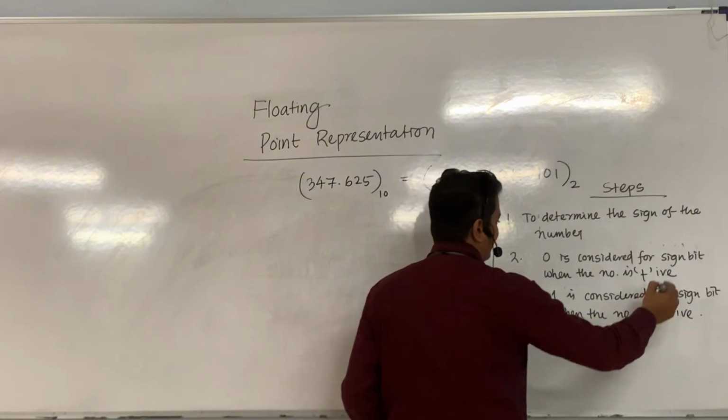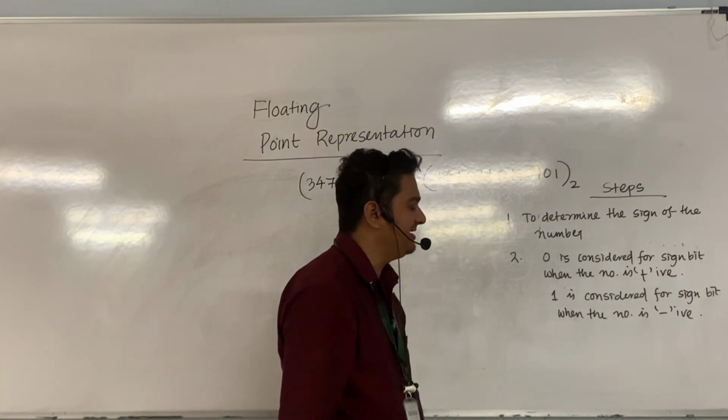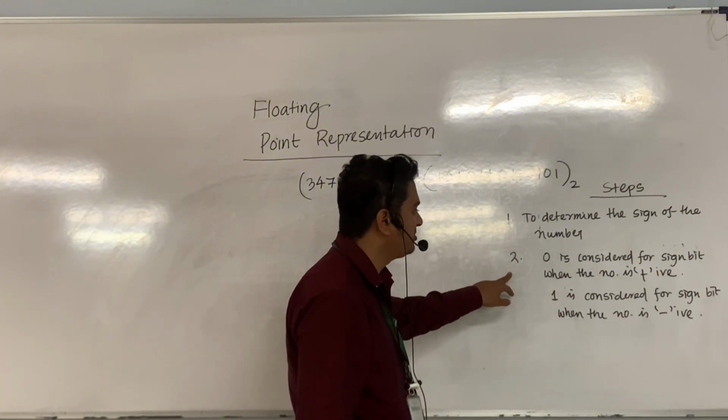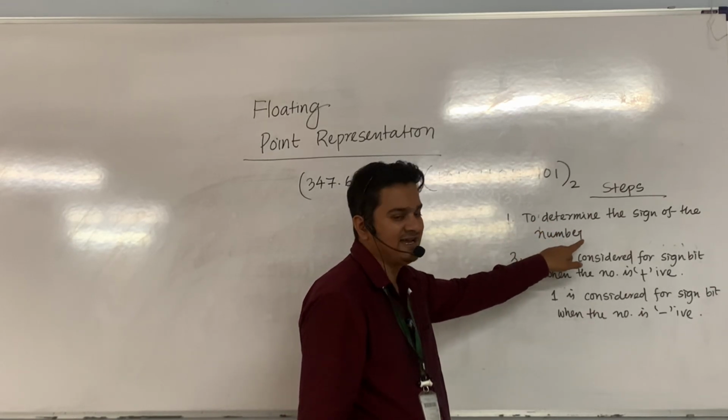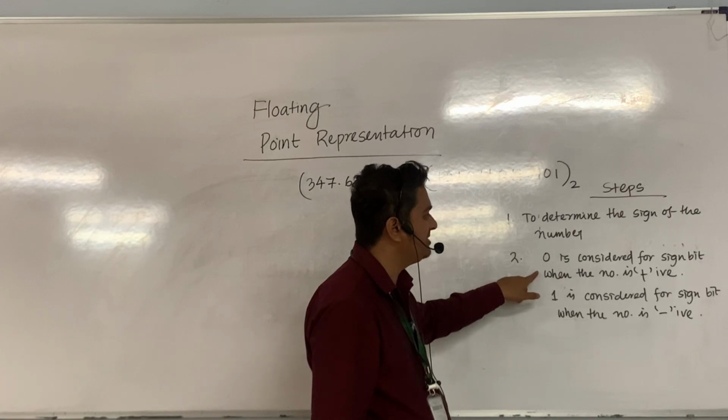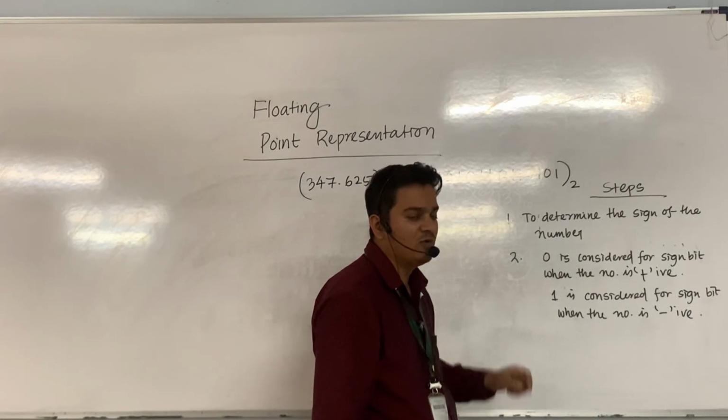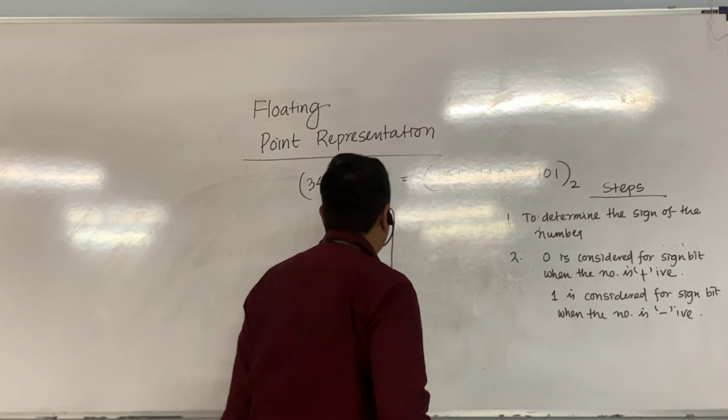These are the two steps you have to follow at first to determine the sign of the number. Then 0 is considered if it is a positive number, 1 is considered if it is a negative number.